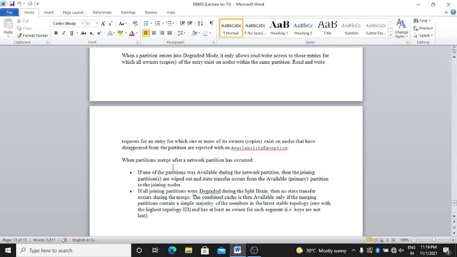During the merge, the combined cache is then available only if the merging partition contains a simple majority of the members in the latest stable topology, the one with the highest topology ID, and has at least one owner for each segment, that is, keys are not lost.